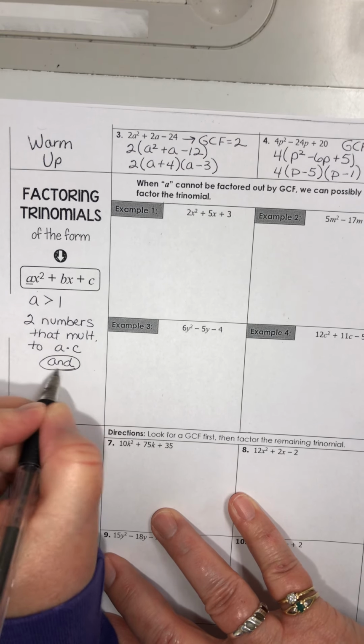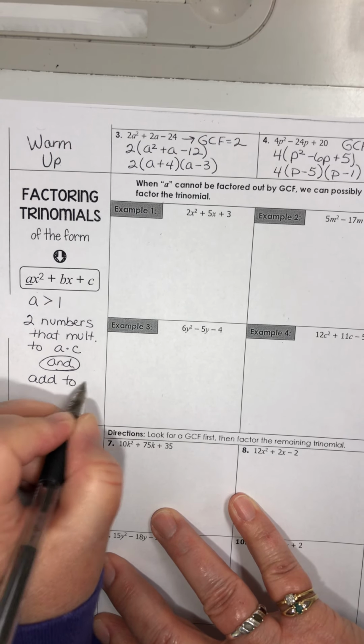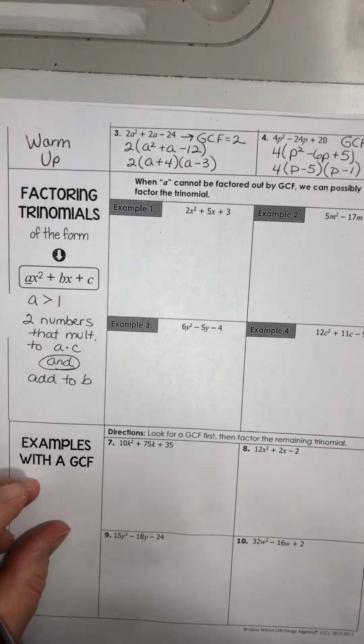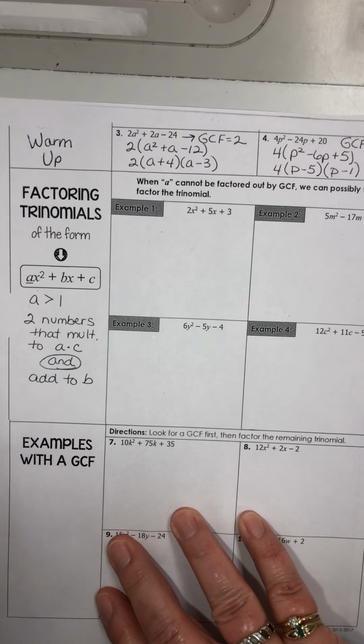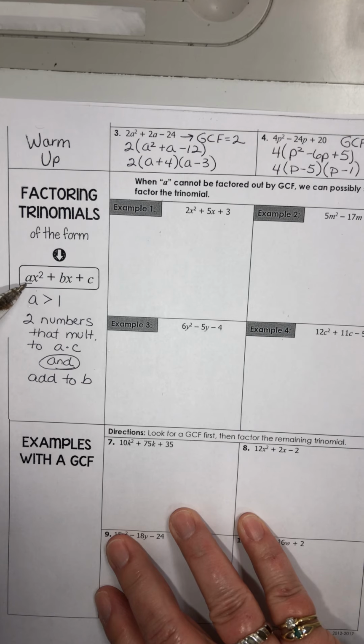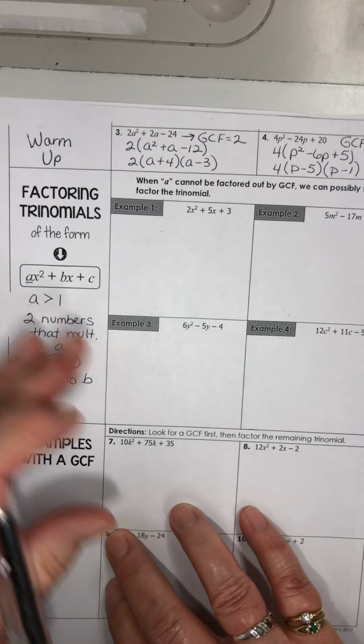And those two numbers have to add to b. I'm using those letters a, b, and c because they are going to become important in future lessons. You have to be able to pick out the coefficient a, the coefficient b, and the constant c. This is really what you've been doing.